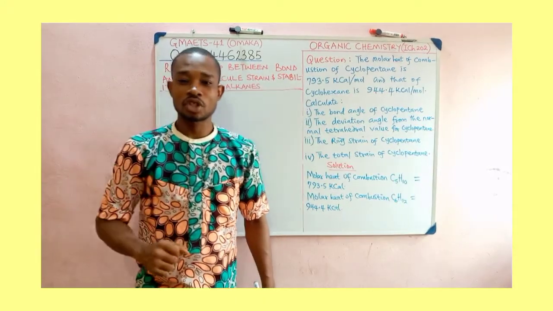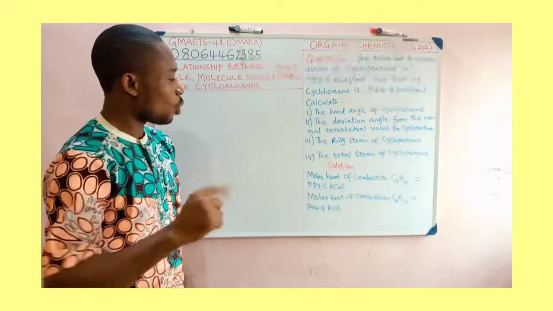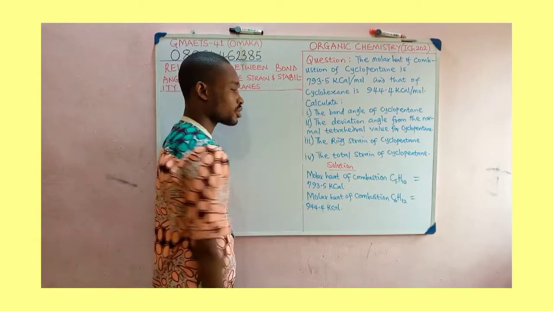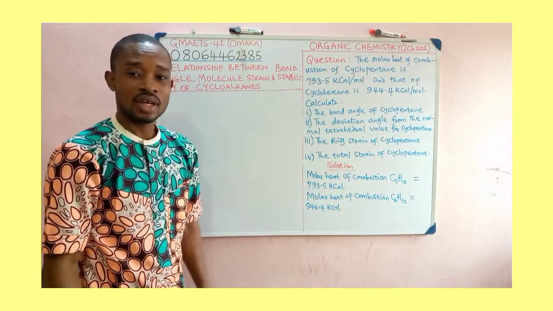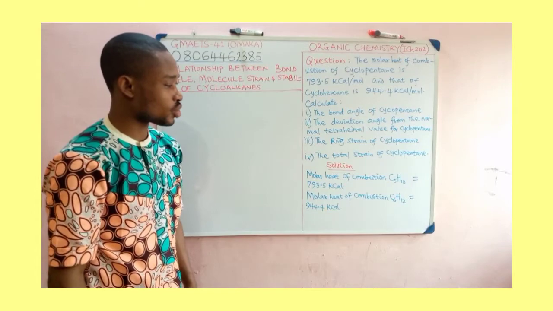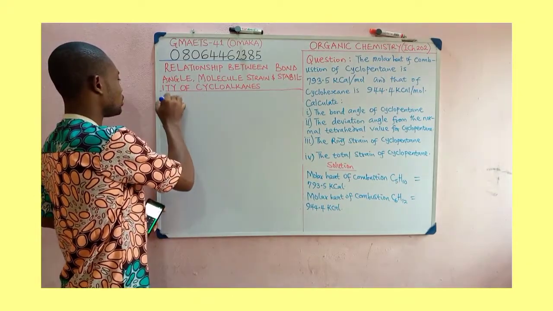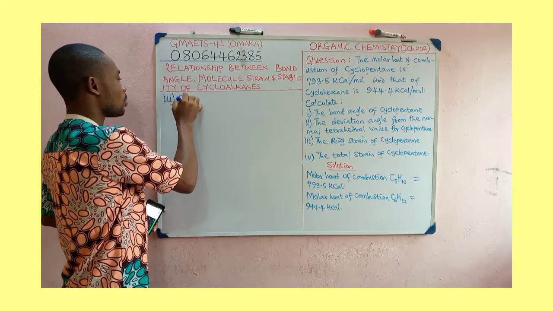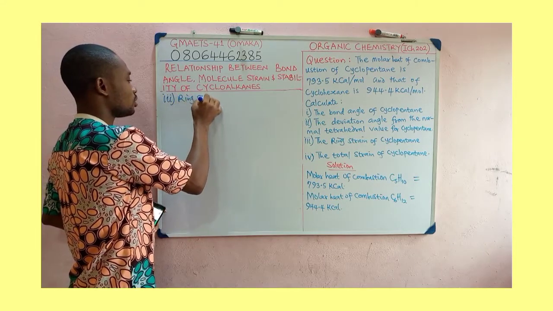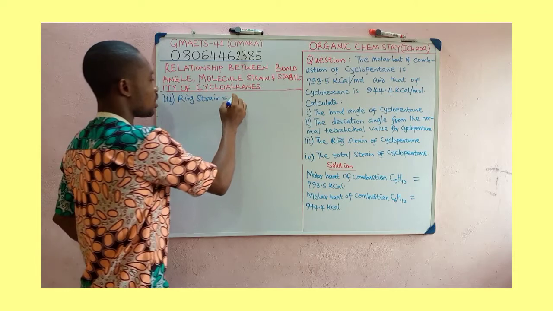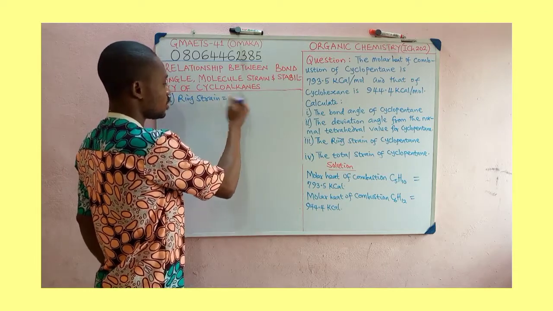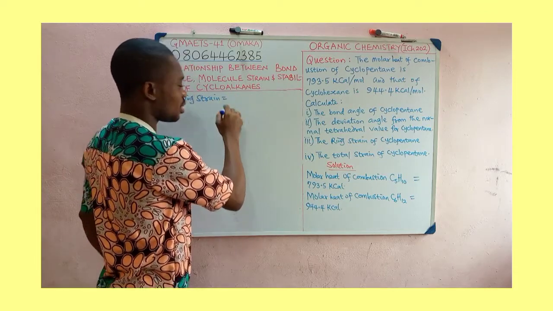You are welcome back from the short break. Now I want to calculate the ring strain of cyclopentane and then move on to calculate the total strain of cyclopentane. First, the ring strain. Ring strain is given as the difference between these two observed heats of combustion.